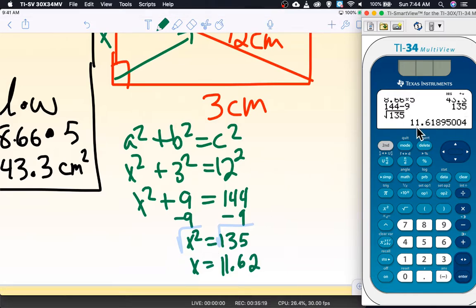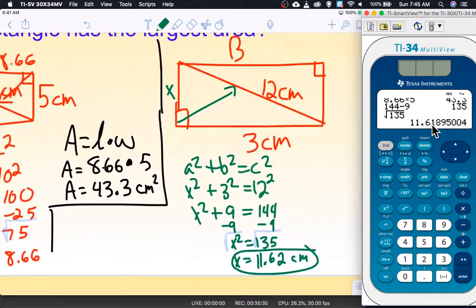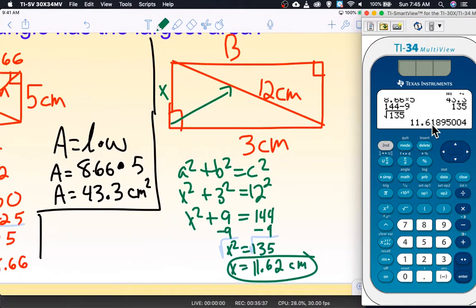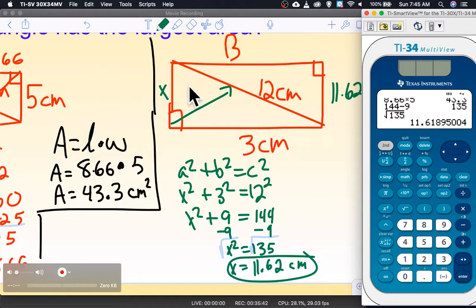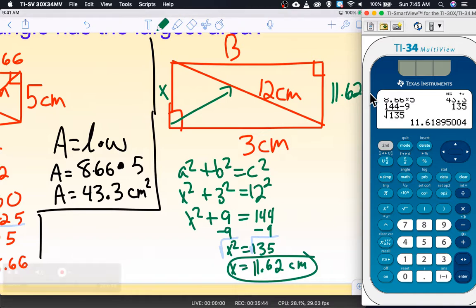I rounded the 1 up to a 2 because his buddy next door, the thousandths place, is a 5 or bigger. So I'm rounding to the nearest hundredths. That's what I like to round to. Centimeters. So 11.62. I'll put it over here because I don't have space, and these two sides are the same length, right?